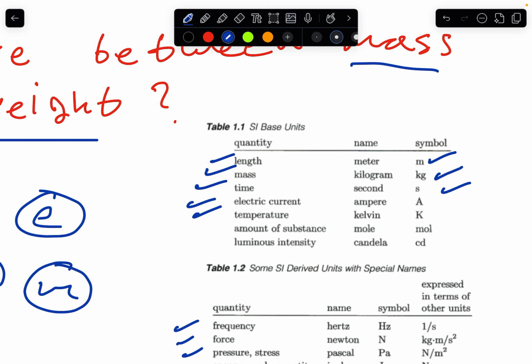We deal with seconds, amperes, meters, kilograms, pounds, tons, etc. Here, foot, inch, Celsius, Kelvin, Fahrenheit. As engineers, we should be familiar with Celsius, Fahrenheit, meters, foot, inch, kilogram, pounds, etc.